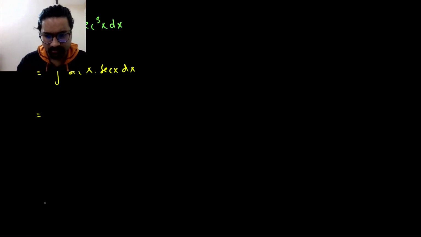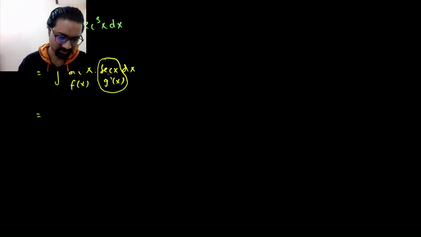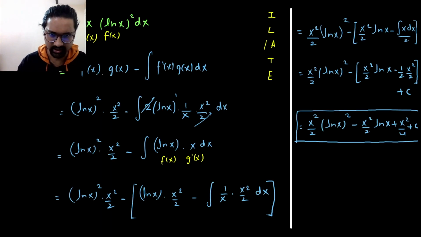All right. Now we know that if we assume this as f(x) and this is g'(x), we definitely will have something called g(x) in our integration by parts formula, right? I can go back and you can see over here, this is where I have g(x) in the formula. It means that I have to find the antiderivative of g'.